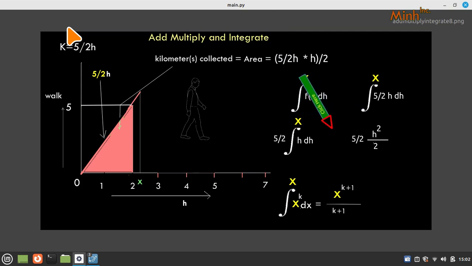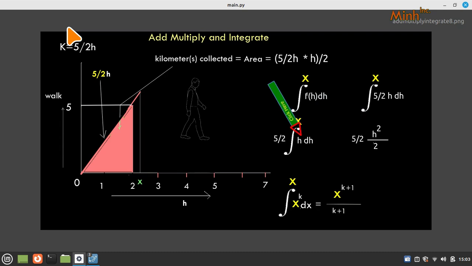If this becomes this, can we come to a formula where the integral of x to the power k dx becomes x to the power k plus 1, divided by k plus 1? That is what we see here. So we started with h to the power 0.